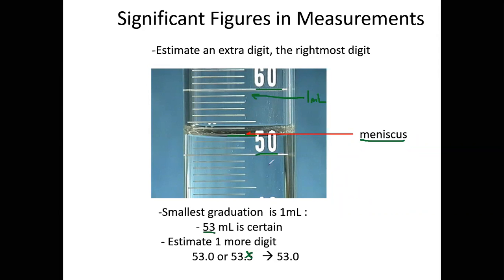So things like 53.0, 53.1, 53.3, etc. Those would be acceptable values. So here we have 53.0 milliliters as the volume of the graduated cylinder. And so this again has 3 significant figures. And you always read at the minimum of the meniscus.